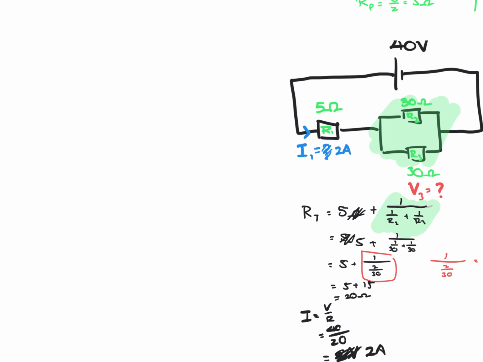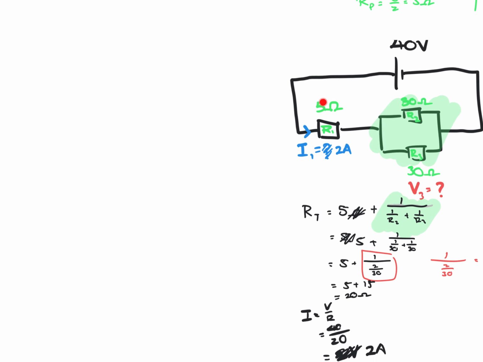So, I know I have an R, I have my I, I can find V. I remember that it splits this way, right? V1. And then after that, I'm going to put V2. I'm going to put the V across my parallel circuit.